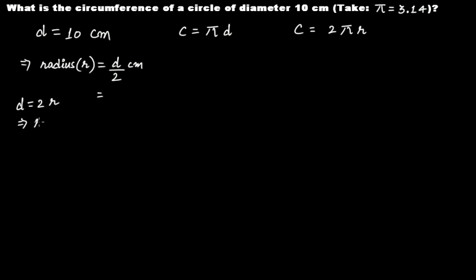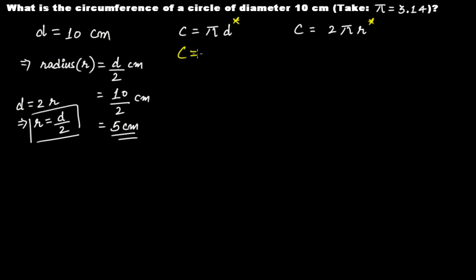What does it tell us? It tells us that r is equal to d over 2. That's what we have done here. So 10 over 2 gives you 5 centimeter, right? So radius comes as 5 centimeter. So either you can use this one or you can use this one. Whichever formula you want to use, you can do this. Since here diameter is already given to us, so quickly put these values here. So C comes as pi, 3.14, times diameter, 10 centimeter.